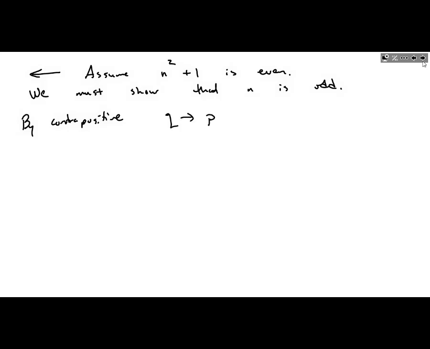Q implies P is equivalent to not P implies not Q. So assume not P. That is, n is not odd.